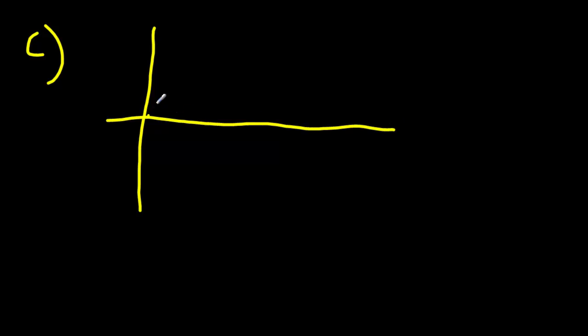C asks us to then plot, and because we know the time shift, and we were given a sine wave, we know what an original sine wave looks like, but we now want to look at a time-shifted sine wave. So what we would do is first draw an original sine wave, and we know that it's now shifted by 1/8 of a second.